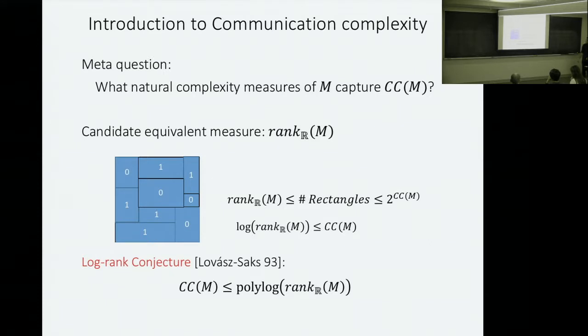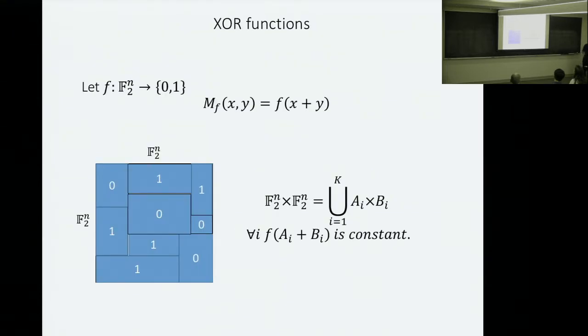Okay. Well, since the conjecture is difficult and people don't know how to prove it, there are simpler notions, like restricted classes of matrices that people are trying to understand. And one of these special classes is called XOR functions. So let me quickly explain what an XOR function means.